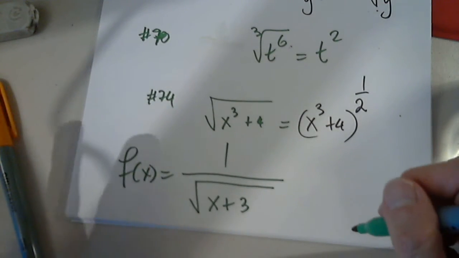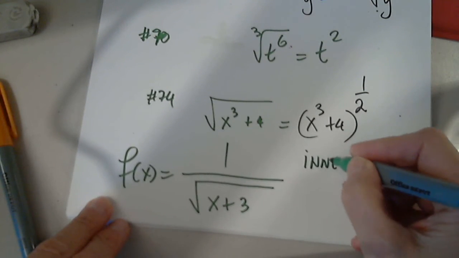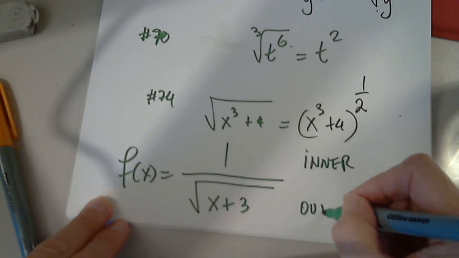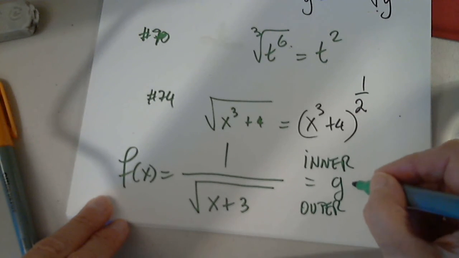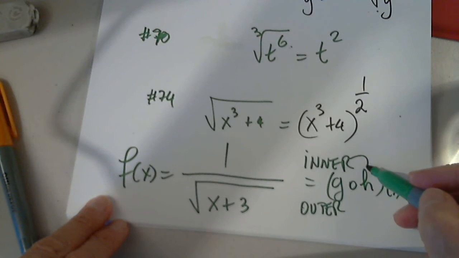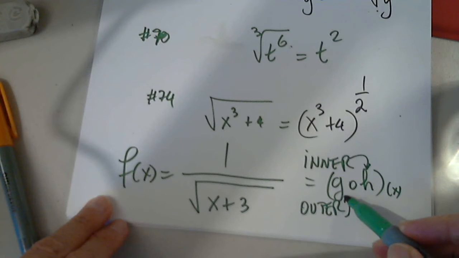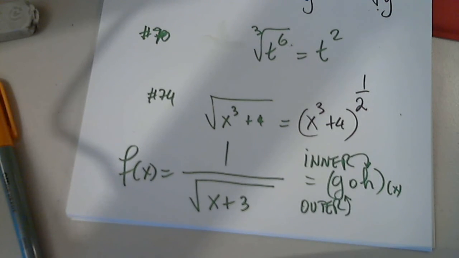We can decompose it in more than 2, but let's say 2. I would like an inner and an outer. I'm getting at g composed with h of x. So the inner is h, the outer is g.